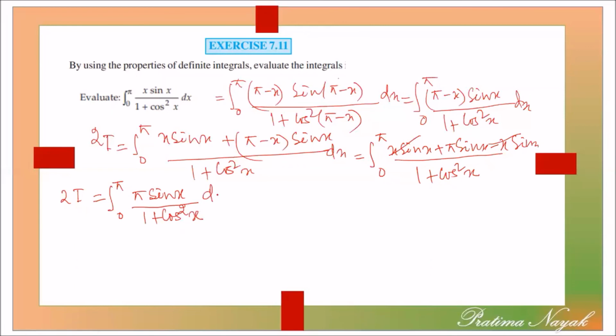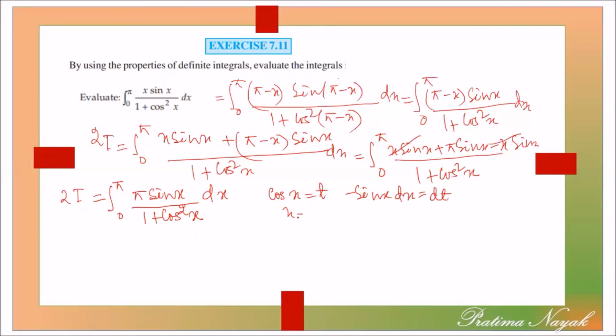Now how to integrate? I can take cos x as t, then sin x dx will be minus dt. So cos x is equal to t, so minus sin x dx is equal to dt. Now let us change the limits.